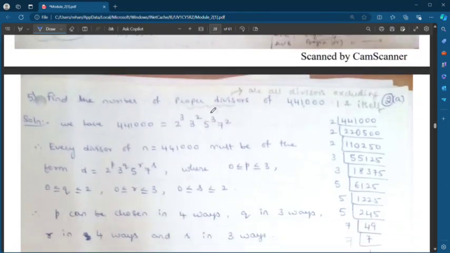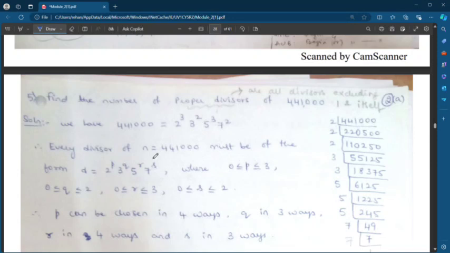Find the number of proper divisors of 4,41,000. So we have to find the proper divisors of 4,41,000. So all are divisors excluding 1 and itself. So we have 4,41,000 is equal to 2 power 3, 3 power 2, 5 power 3, 7 power 2.